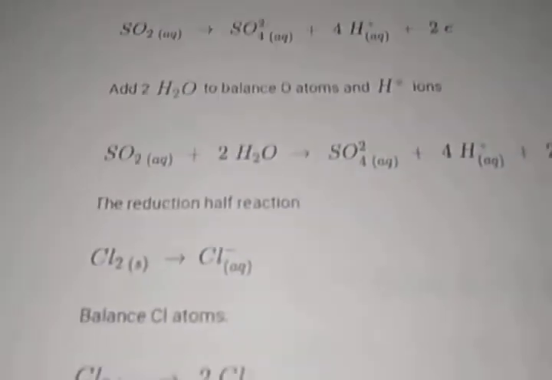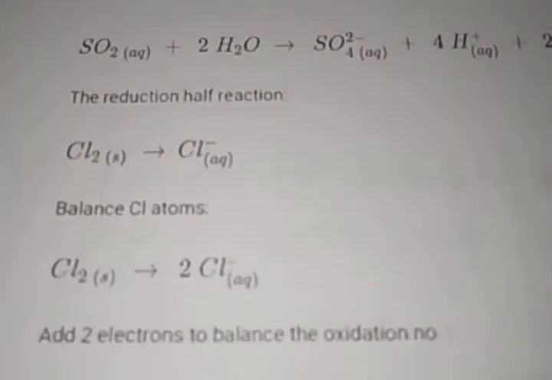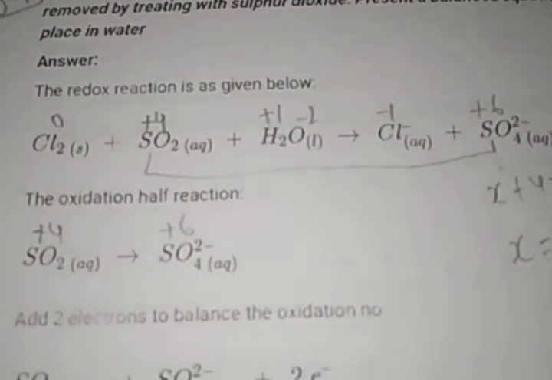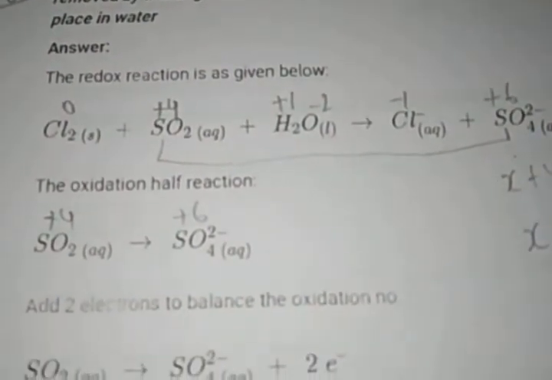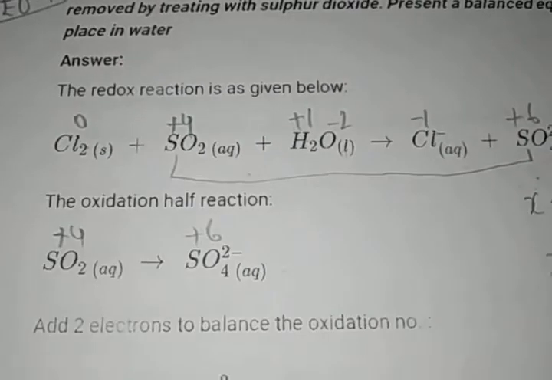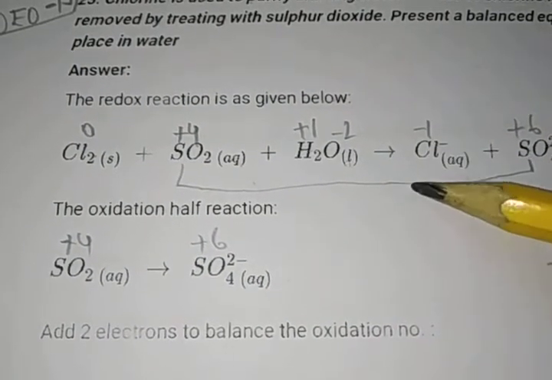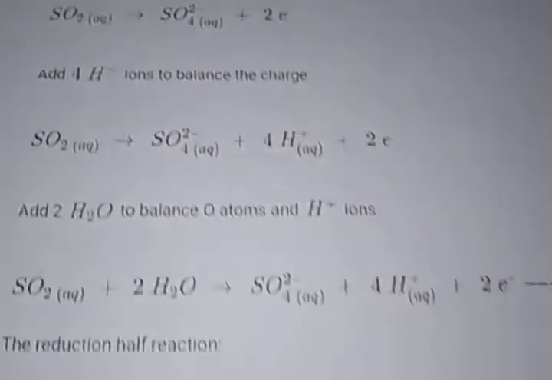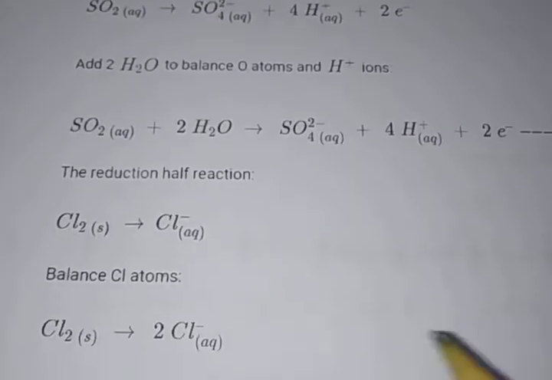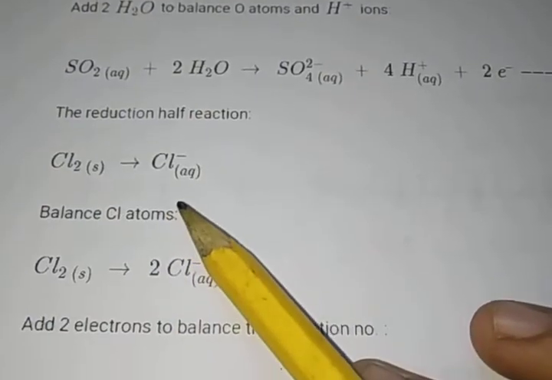Then we write the reduction half reaction. Cl2 converts into Cl minus, from 0 to -1, so it is a reduction half reaction. To balance the chlorine atoms, we write 2 Cl minus.